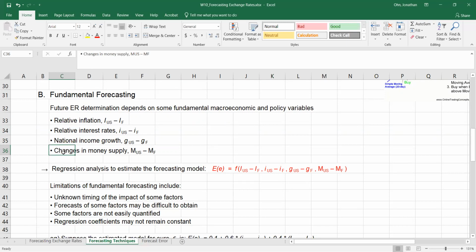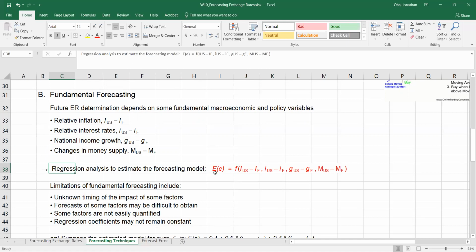The first three are macroeconomic variables, and the last one is a monetary policy related variable. So they come up with some regression analysis to estimate the forecasting model.